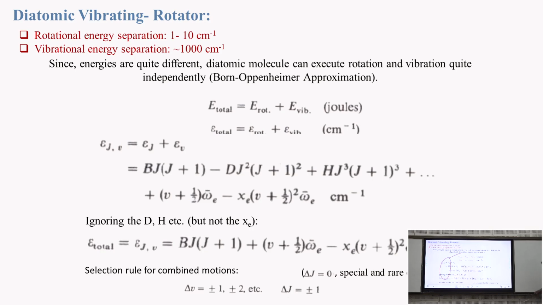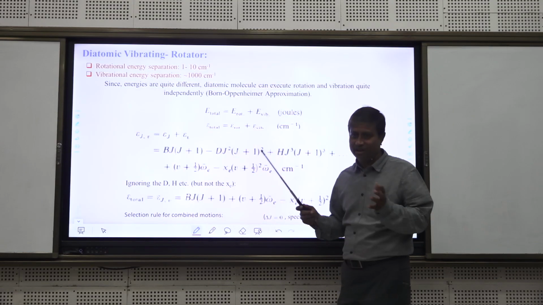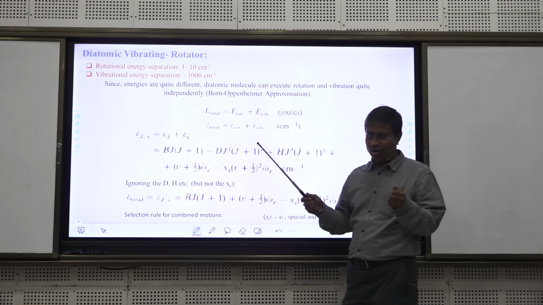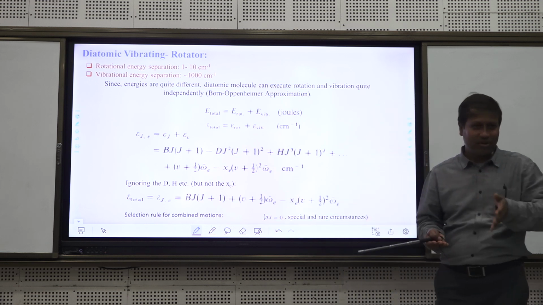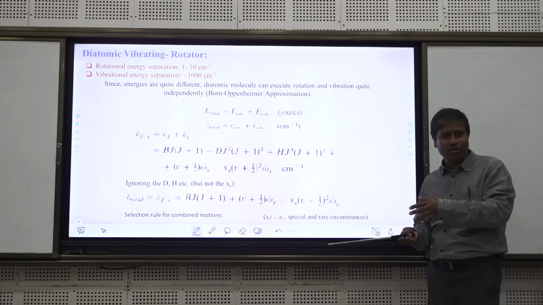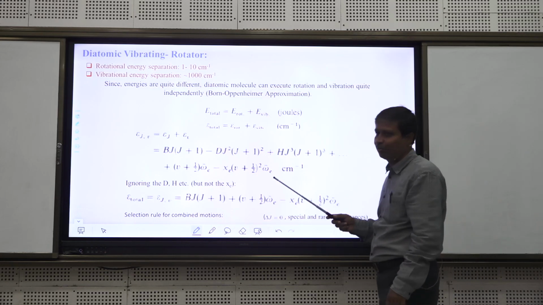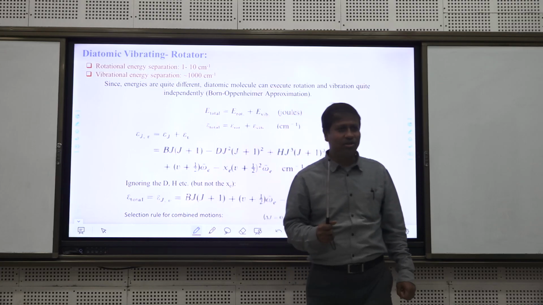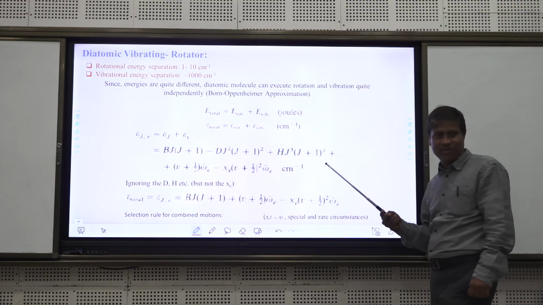For that, let us go back to what we are considering. We are considering a vibration of a molecule. What is the spacing between the vibrational energy levels? It is on the order of 1000 wave numbers; a ketone is around 1650. And if you remember rotational spectroscopy, the B value is on the order of 1, so 10, 5, 6, 8.